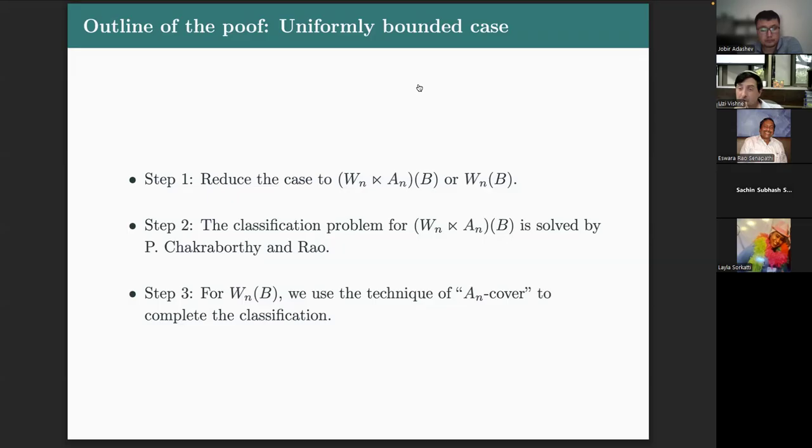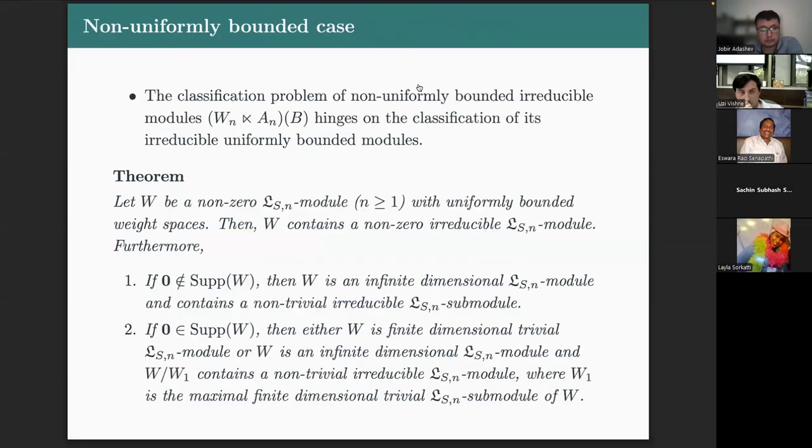But finally, we are not done until we handle the non-uniformly bounded case. The classification problem of non-uniformly bounded modules hinges on the classification of irreducible uniformly bounded modules. This key result plays a role in classifying all the non-uniformly bounded modules, where the support of W plays a very crucial role.